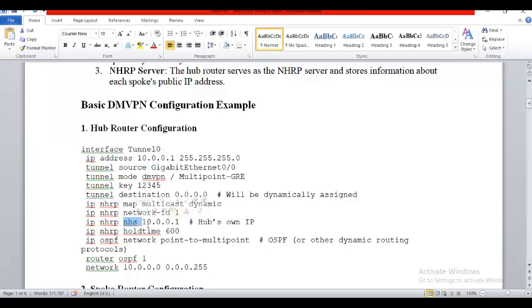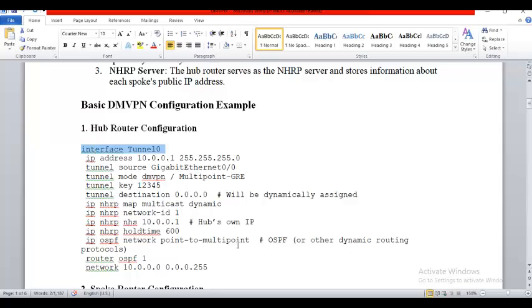Anything that NHRP members want to query, they will query to this address. Who is this? This is the tunnel address, the private address of the hub. This is an optional one, hold time 5 minutes. The table will be refreshed after 5 minutes. And then this is an optional one, you are enabling OSPF under the tunnel interface to distribute routes after forming the OSPF peer. Okay, this is OSPF. These are all optional. This one is optional. These two are optional.